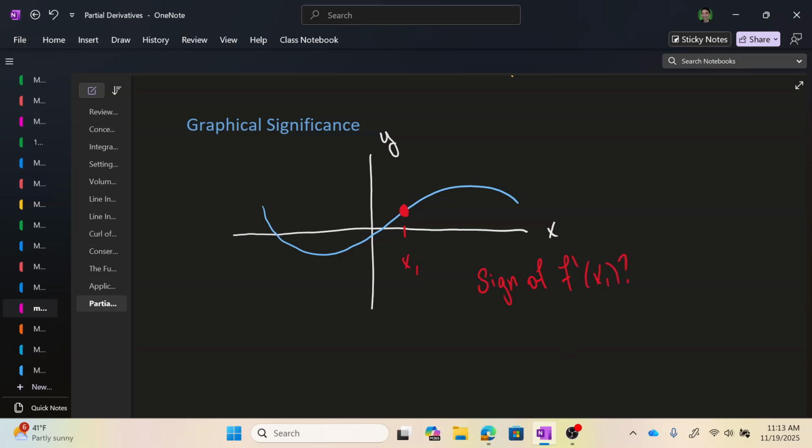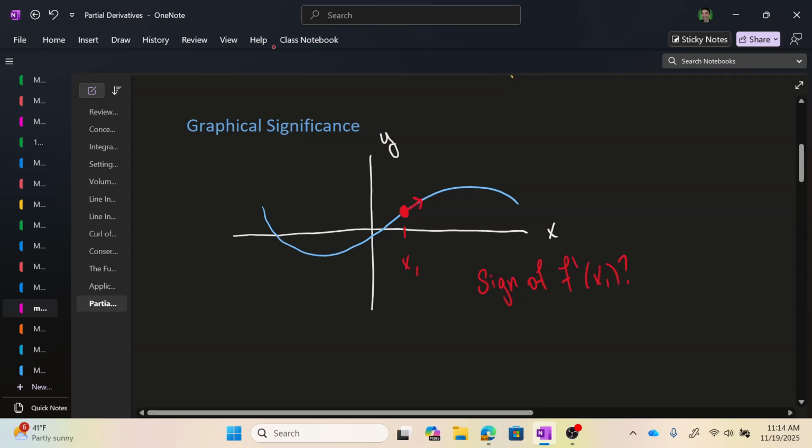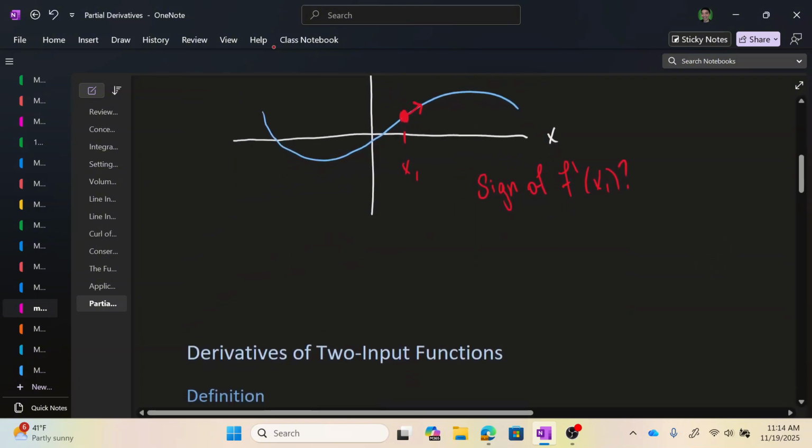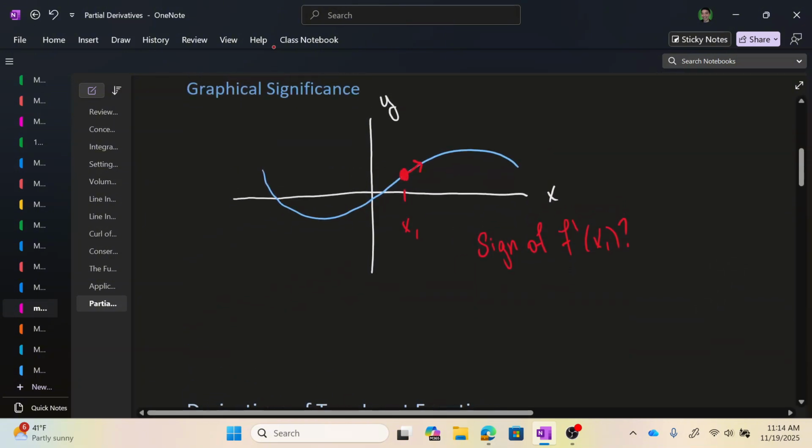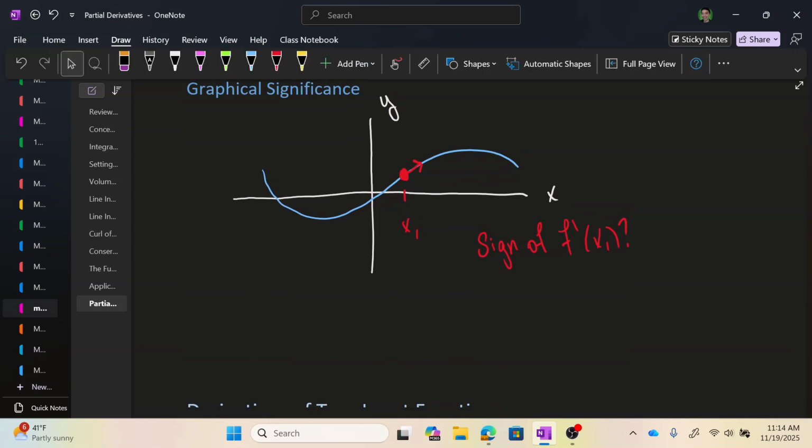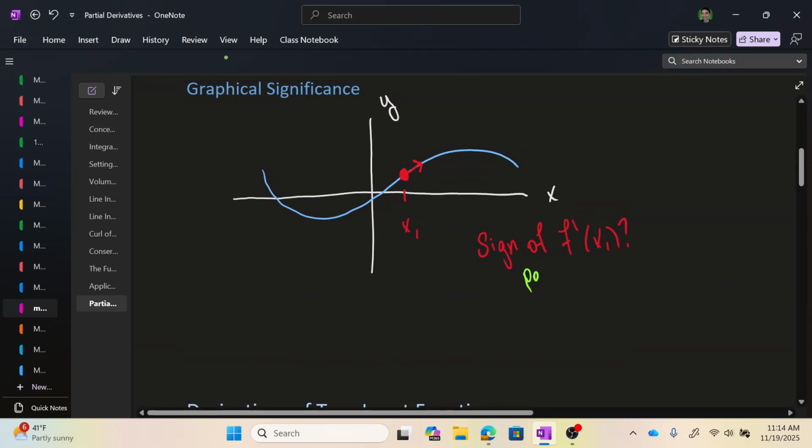To answer this question, I would move a little bit along this curve in the positive x direction, slightly to the right, and then I would analyze, is the curve increasing or decreasing as a result of that movement to the right? At the point x1 that we've marked, increasing the x values slightly results in the outputs going up. So as a result of that, I would conclude that the sign of the derivative is positive at that location.